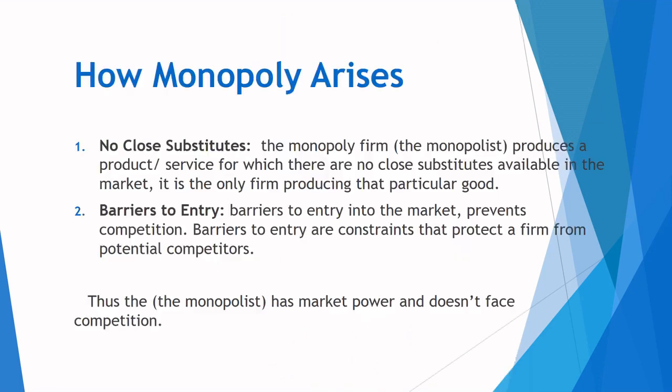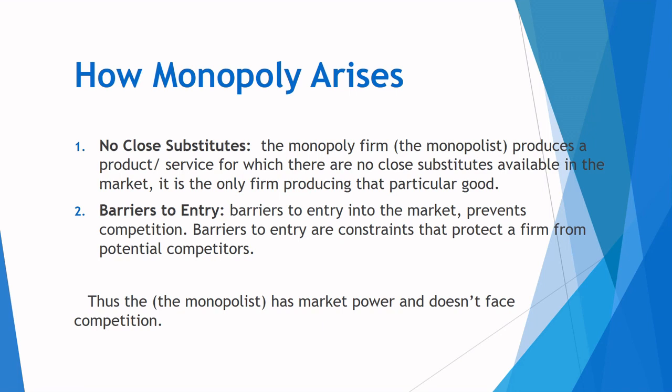How monopoly arises. How does a firm become a monopoly? There are two factors that determine this. Number one, no close substitutes, and number two, barriers to entry. No close substitutes. The monopoly firm, that means the monopolist, produces a product or service for which there are no close substitutes available in the market.